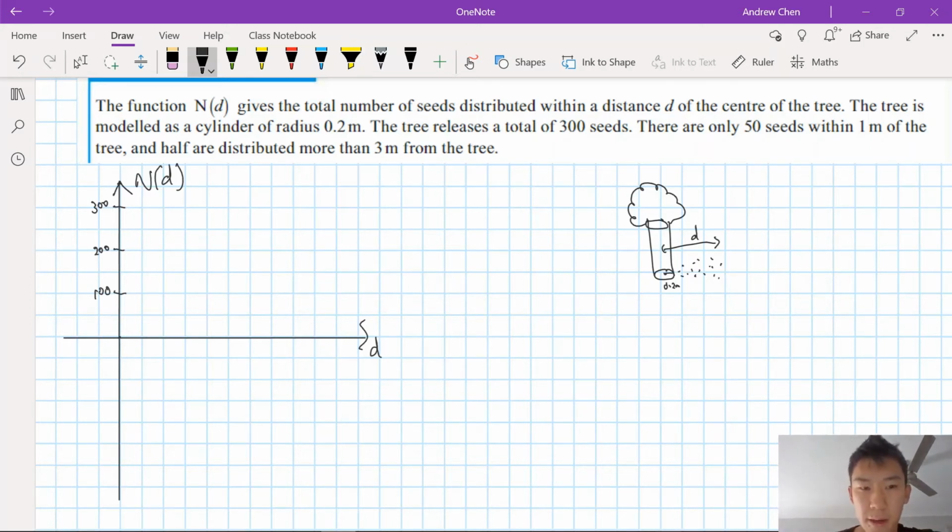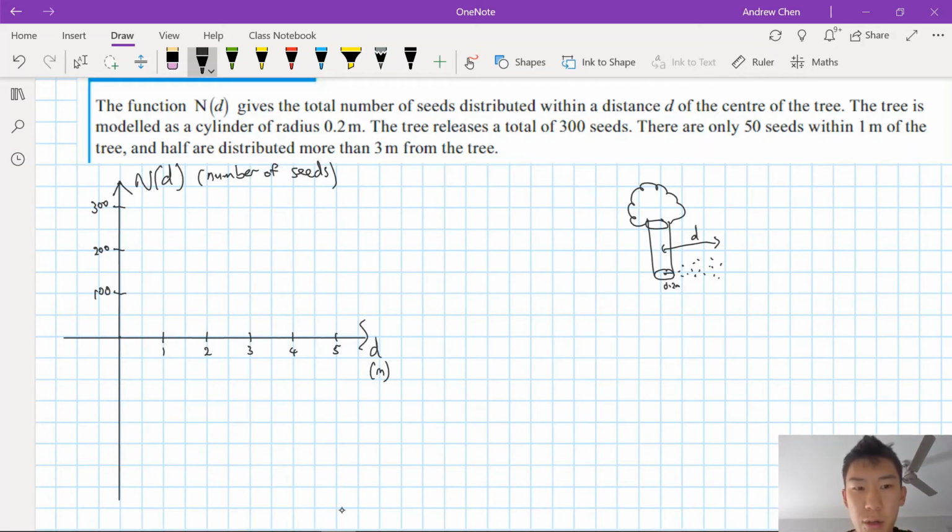On my x-axis, I might just use a scale of 1, so d is in meters, and the y-axis is the number of seeds. Hopefully that makes sense so far.